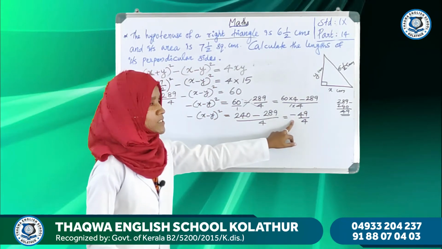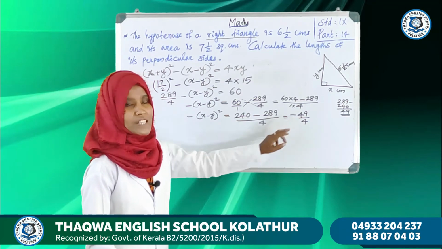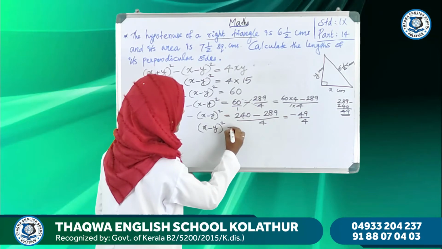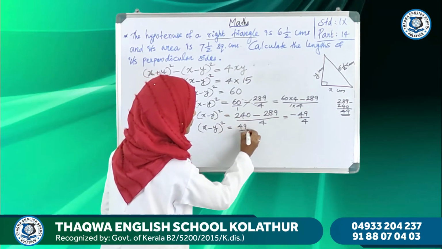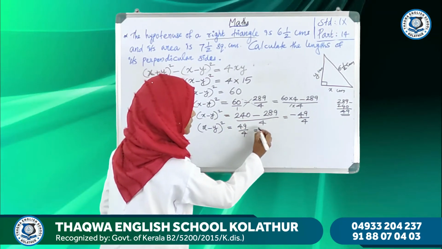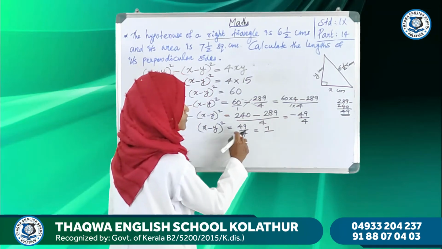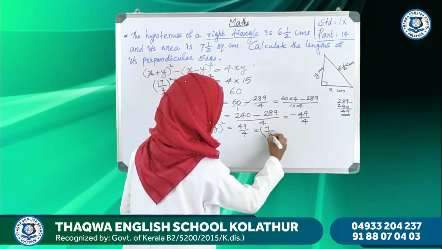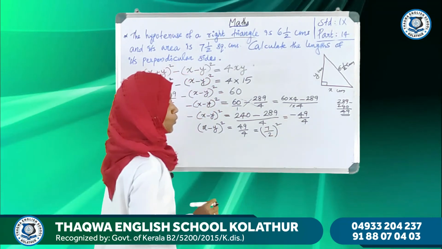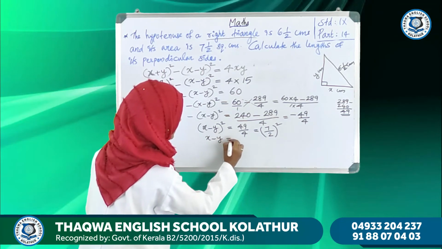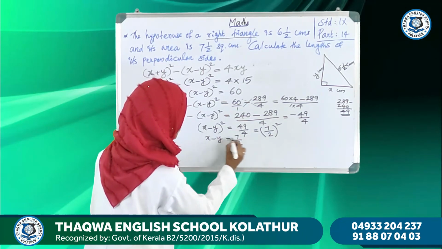Now let us remove the negative sign both sides. That is x minus y whole square is 49 by 4. This is 49 is 7 square, 4 is 2 square. So we can write 7 by 2 whole square. Then x minus y is 7 by 2.